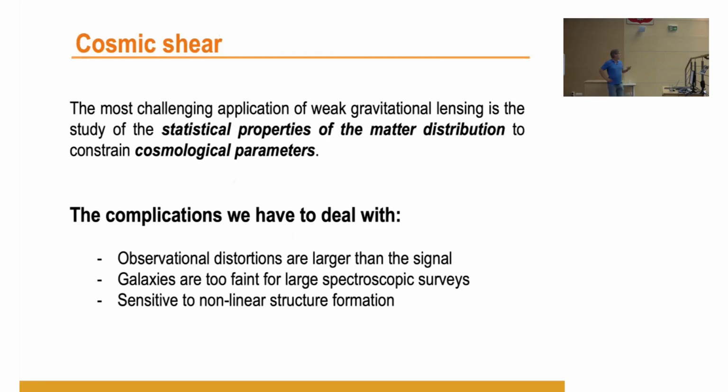It's observationally the most challenging of them, so a lot of the technical development is focused on that, because there are all kinds of observational effects that are orders of magnitude larger than the signal we're after. So you look at a galaxy, I do a measurement, you have no way of telling whether the measurement was unbiased, because the signal to noise of each measurement is maybe 1%.